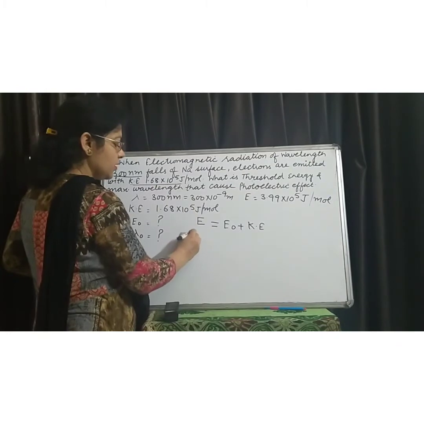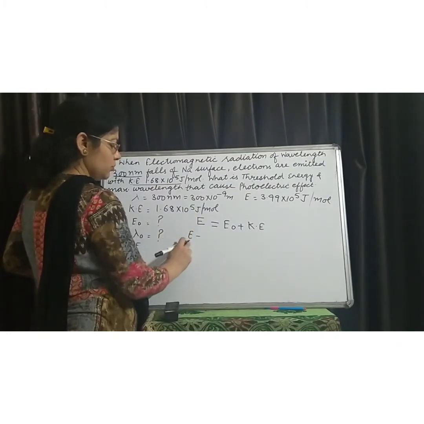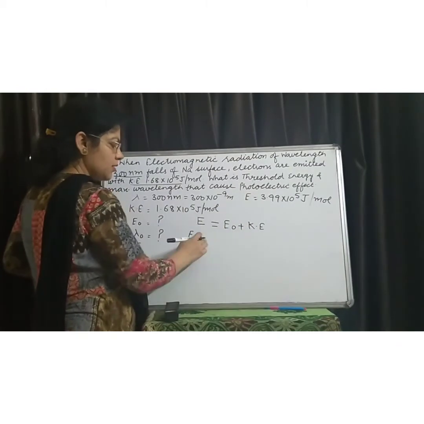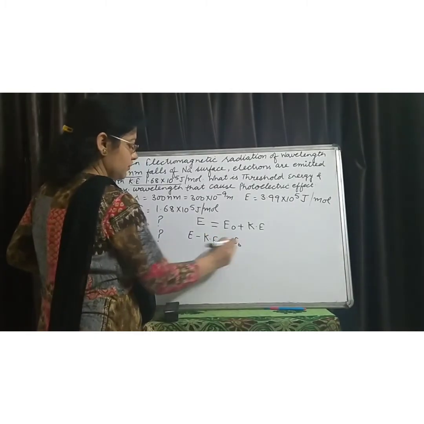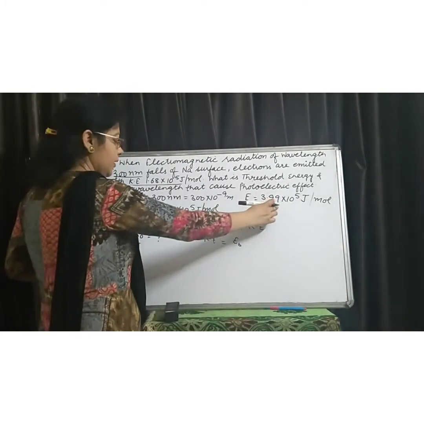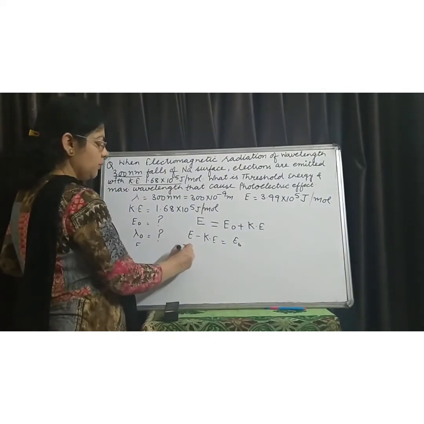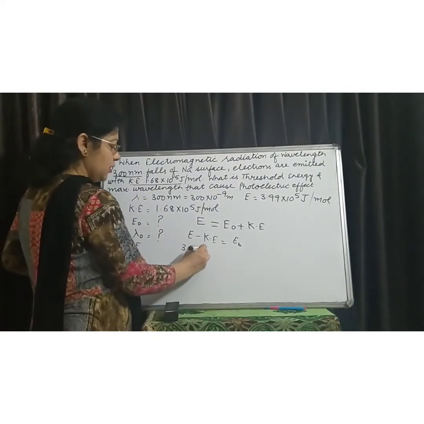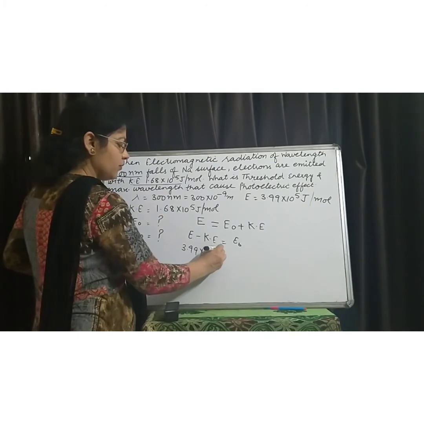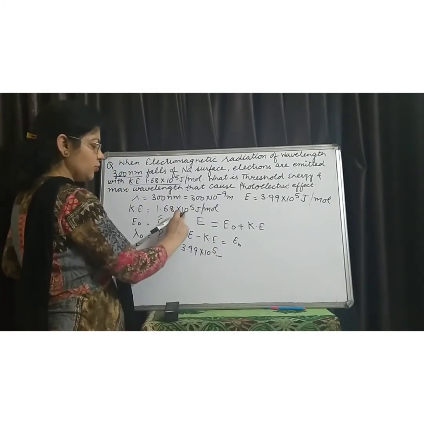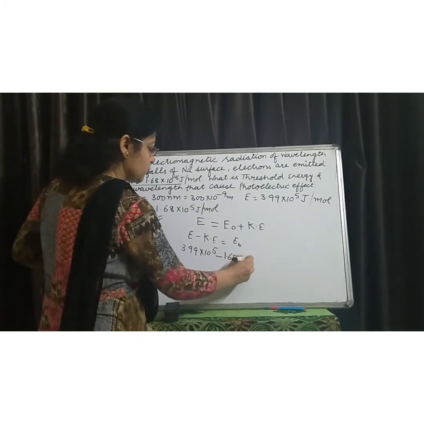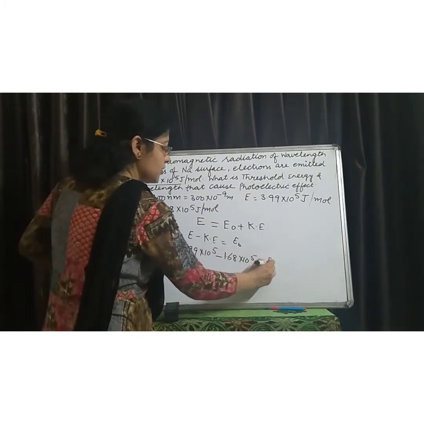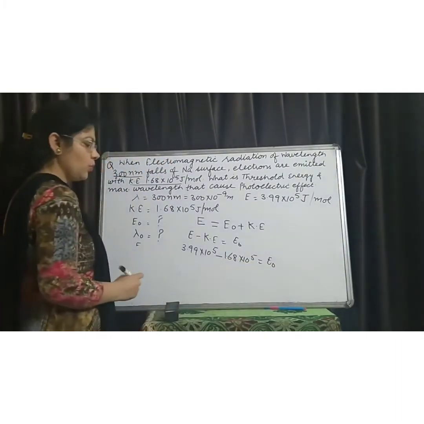So, threshold energy is equal to total energy minus kinetic energy. The total energy we had already calculated, that is 3.99 × 10^5. Kinetic energy is 1.68 × 10^5. It is equal to the threshold energy.